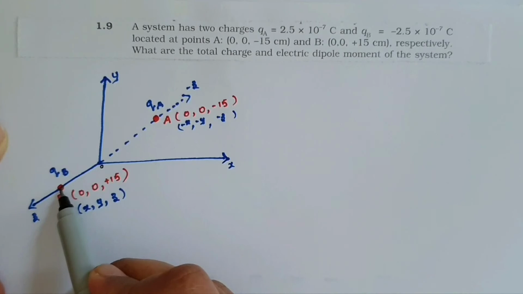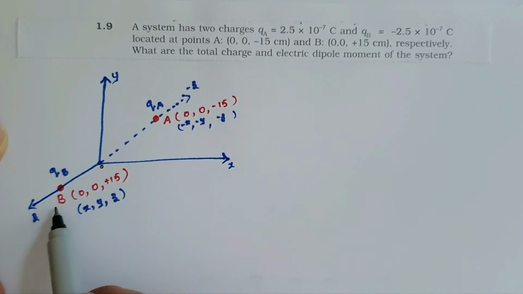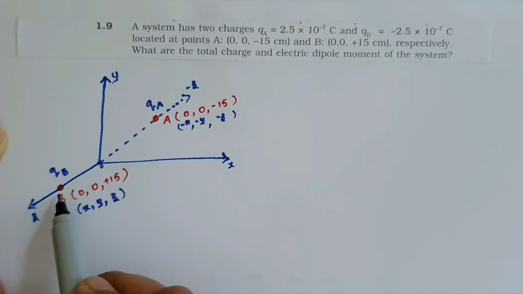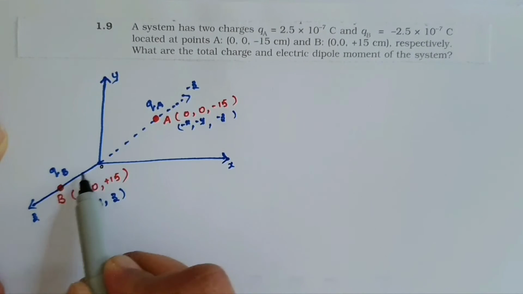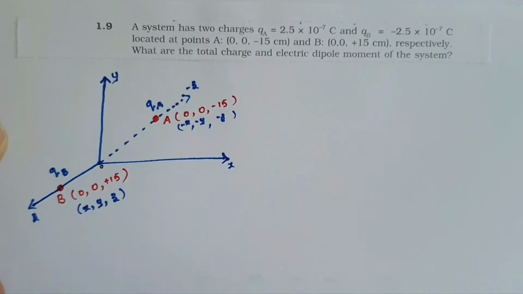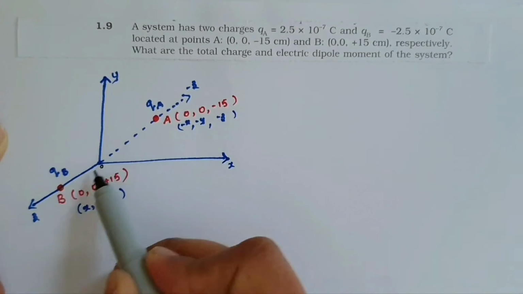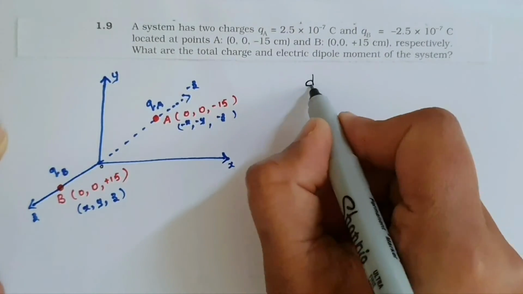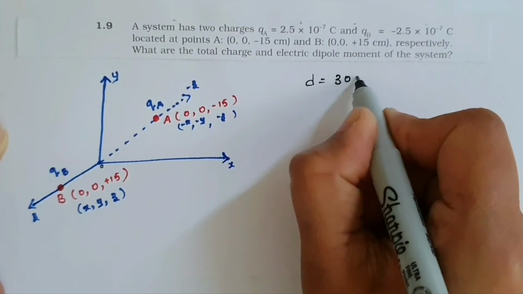Similarly, QB is located at point B, 0, 0 plus 15 centimeter. It is located at positive z axis at a distance 15 centimeter from the origin. Therefore, these two equal and opposite charges are separated by a distance d equal to 30 centimeter.